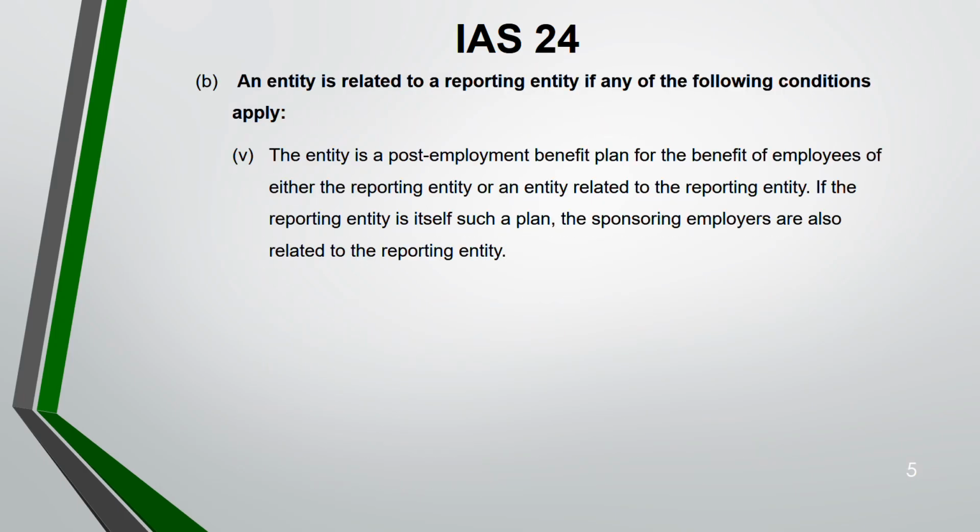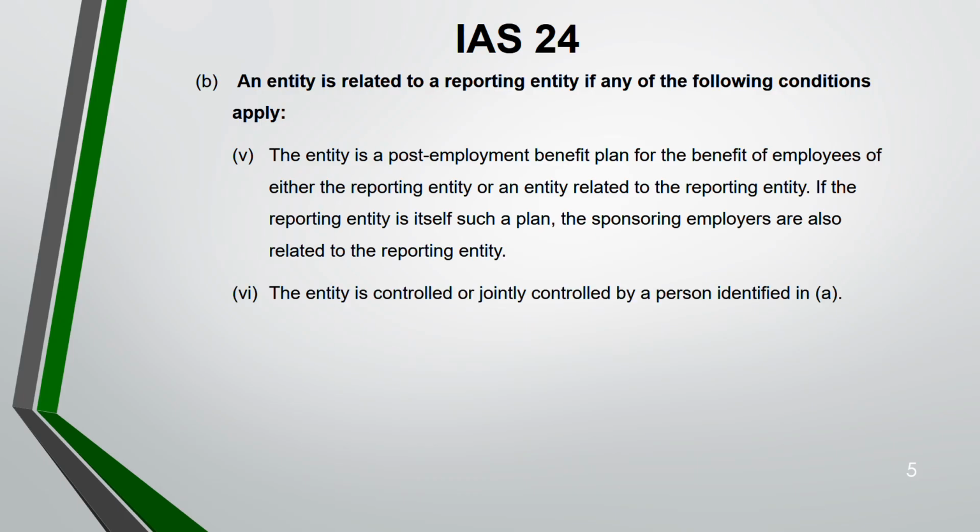Now, the entity is a post-employment defined benefit plan for the benefit of employees of either the reporting entity or an entity related to the reporting entity. If the reporting entity is itself such a plan, then the sponsoring employers are also related to the reporting entity.